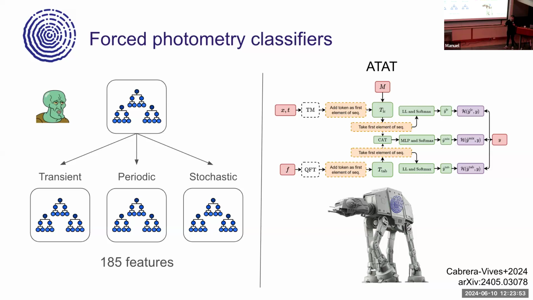Both inputs are passed through their respective transformer models, and then are concatenated, and different loss functions are computed for the tabular data, the features, the light curves, and both together. And the sum of the three loss functions is minimized together in order to obtain the full predictions.